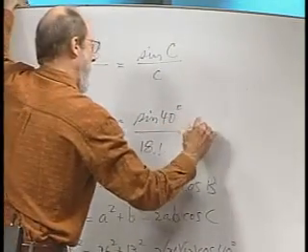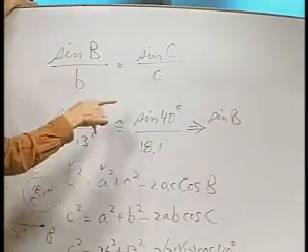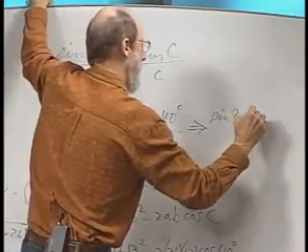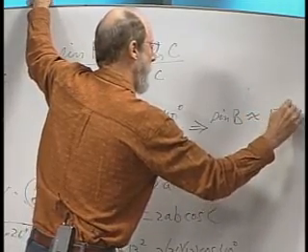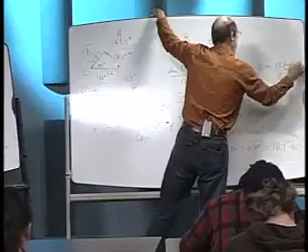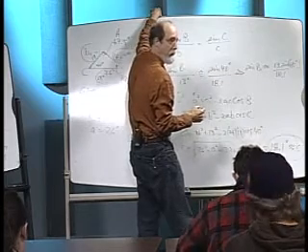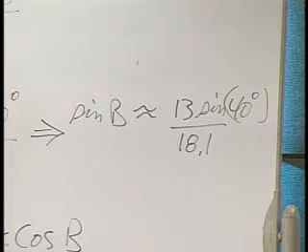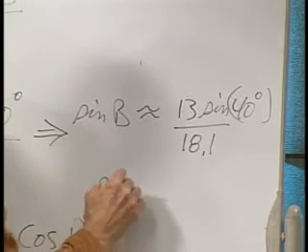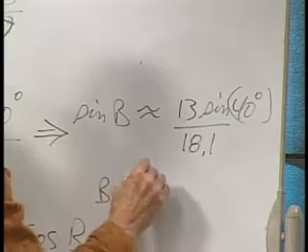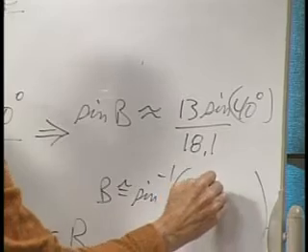And so this implies that the sine of B, by multiplying both sides by 13, is going to be about equal to 13 over 18.1 times the sine of angle 40 degrees. What I would do right there is write angle B is approximately equal to the inverse sine of this ratio we see here.